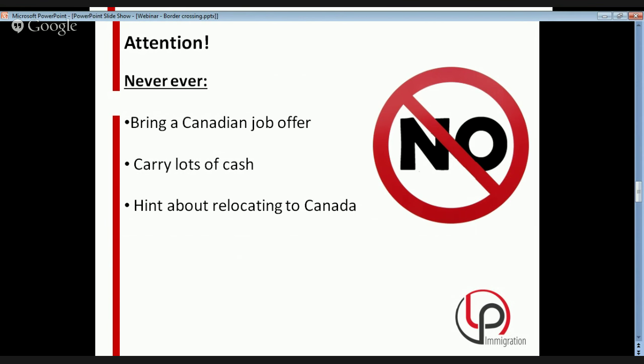Virtually any hint that may make an officer think that you're going to move to Canada will lead to this or that sort of trouble. You do not have to explicitly say, I'm not going to live in this wonderful country forever. No, of course not.